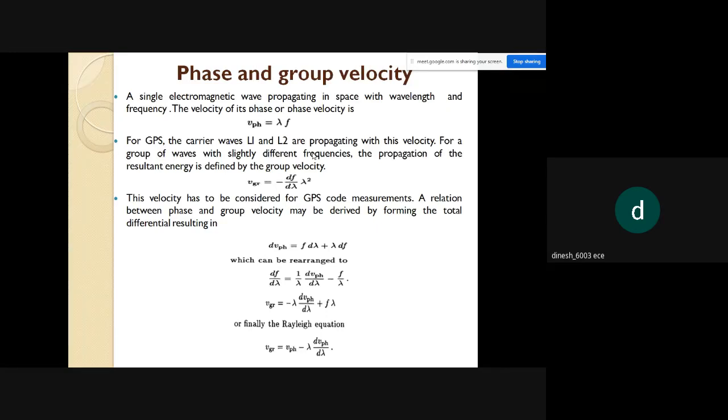And we know that group velocity is minus df by d lambda into lambda square.